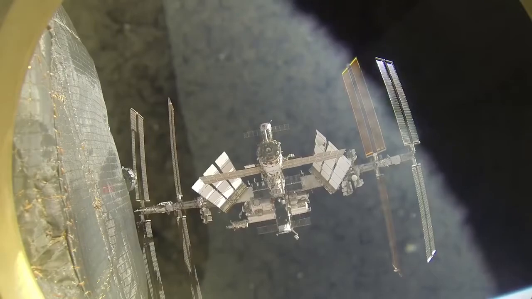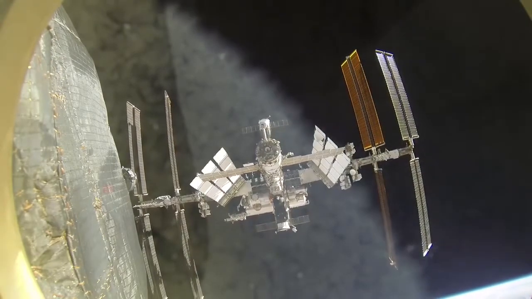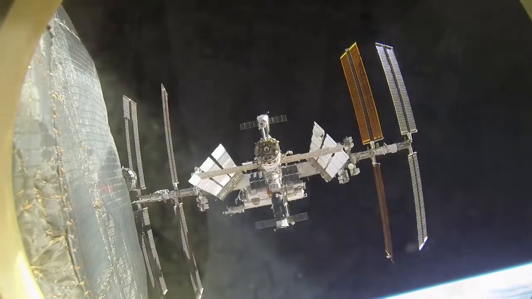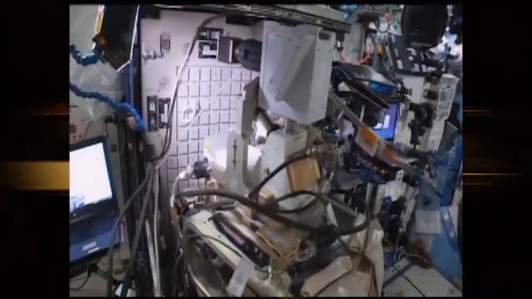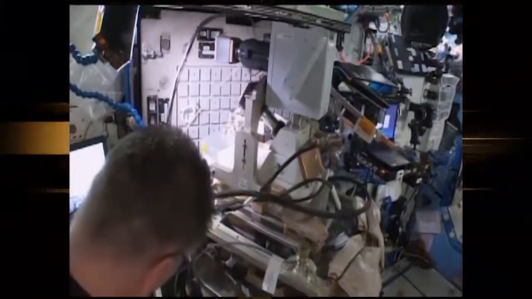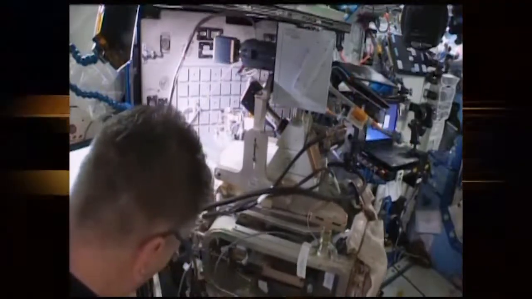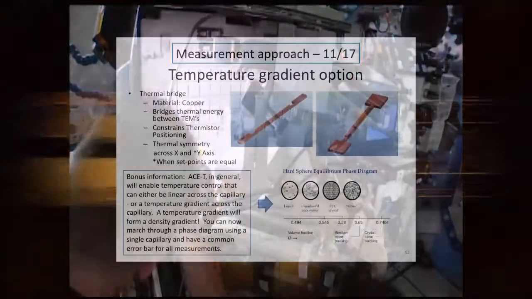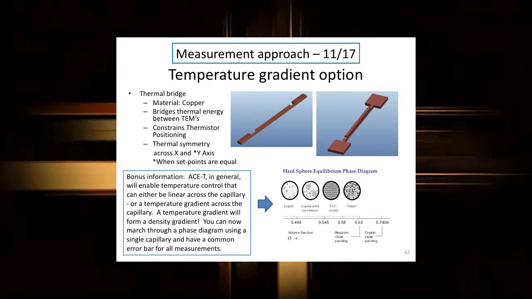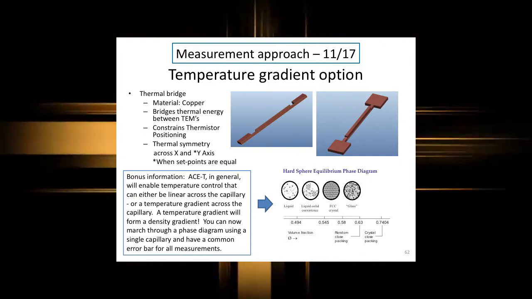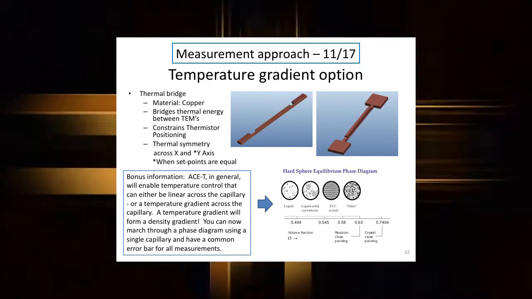One of the key motivations to work with NASA is that they developed this confocal microscope, and our mission is called ACE-T, where T stands for temperature, because one of the key points of our research is to be able to control very precisely the temperature of the system, because the temperature controls the interaction between the particles.